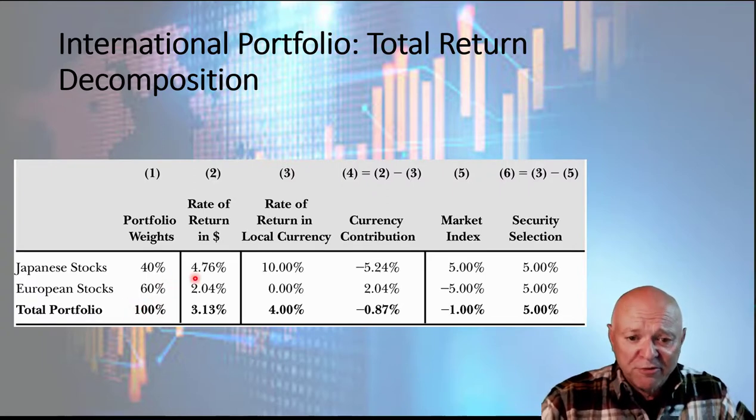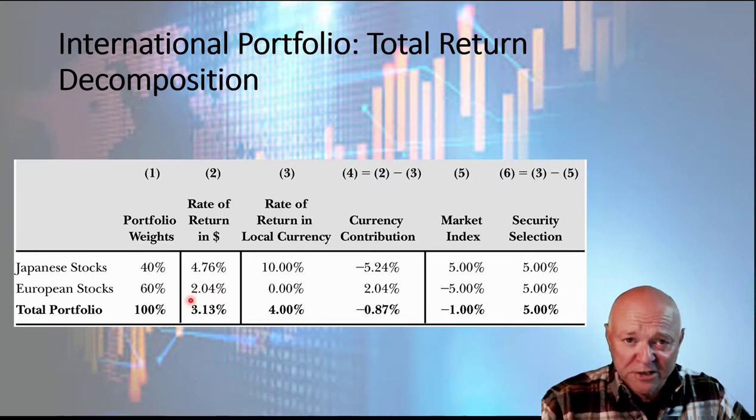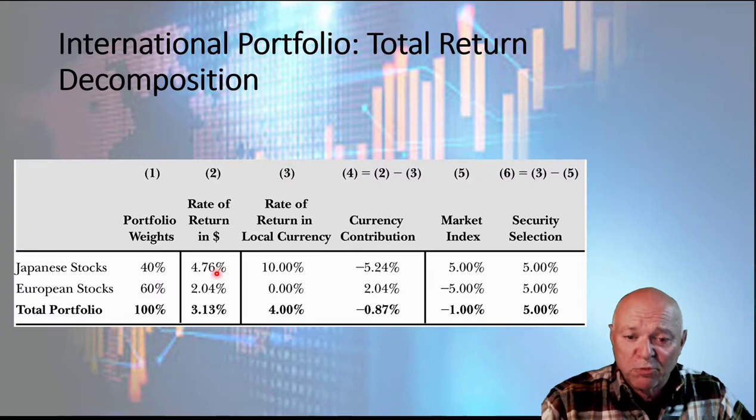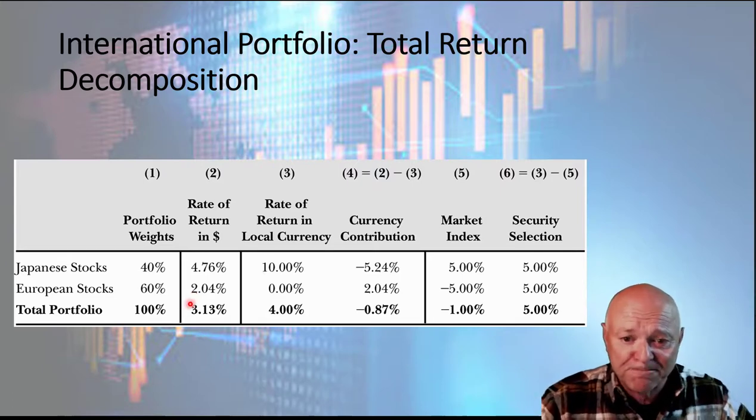The return from our investment in US dollars in Sony was 4.76%. Return from our investment in BMW was 2%. So 40% times 4.76 and 60% times 2.04 gives us our total portfolio return of 3.13%.